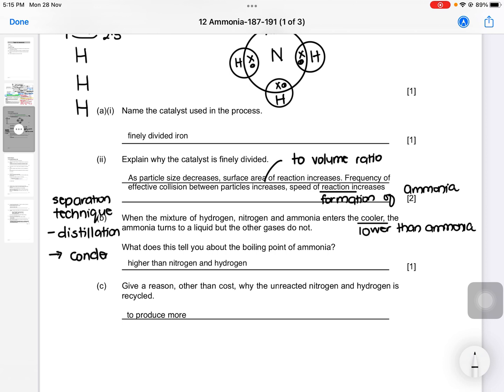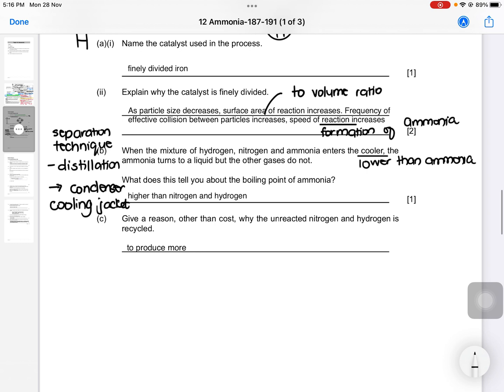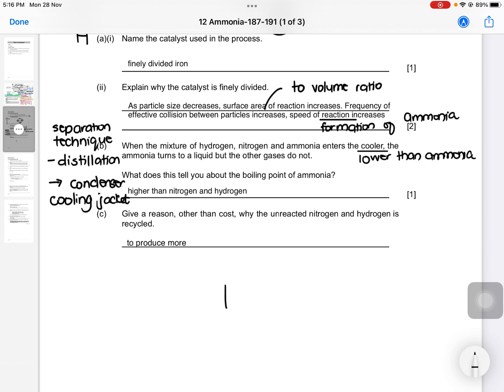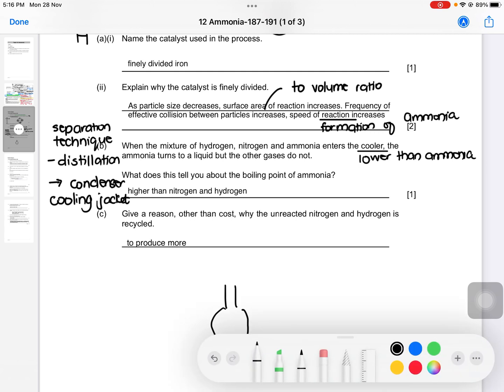For the condenser, you have a cooling jacket. So just a quick run through. This is my setup here.